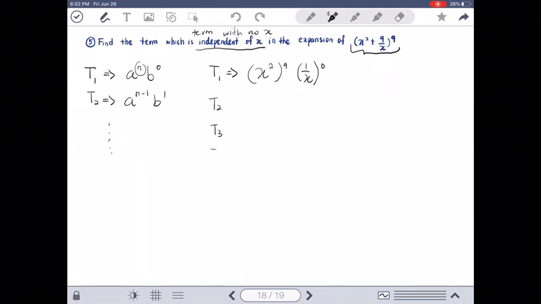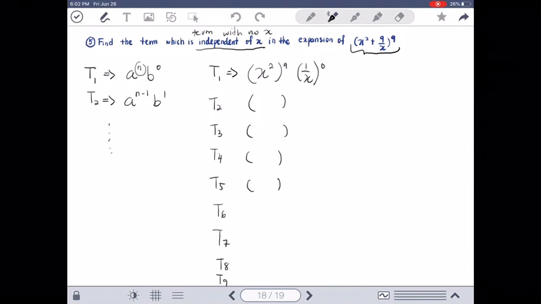How about the second term, the third term, the fourth term, the fifth term, the sixth term, the seventh term, the eighth term, and the ninth term? If we look at the pattern, okay, I'll just write it down like that.